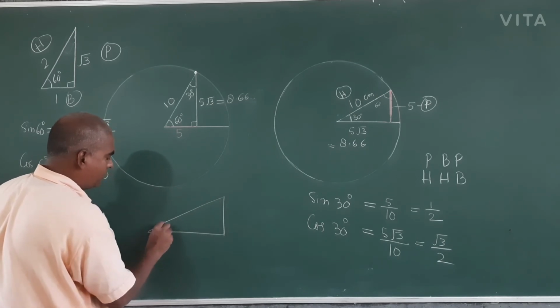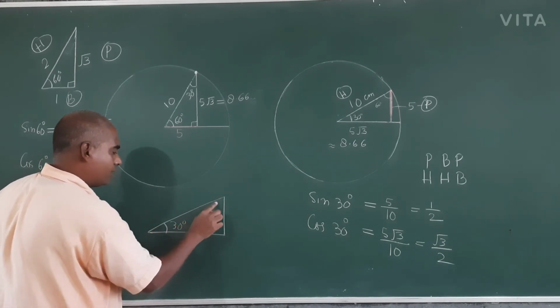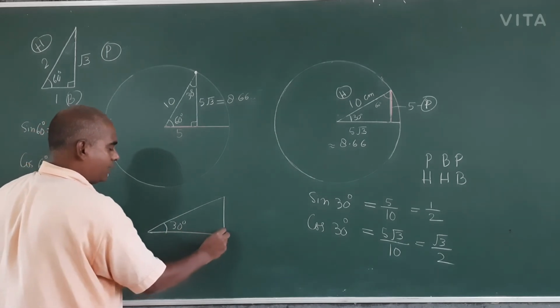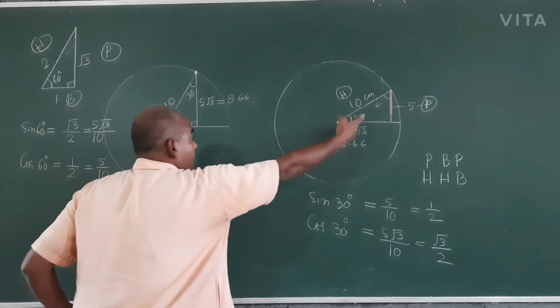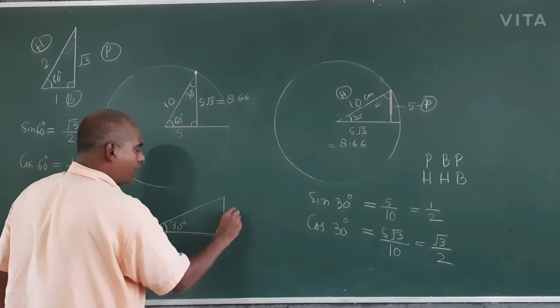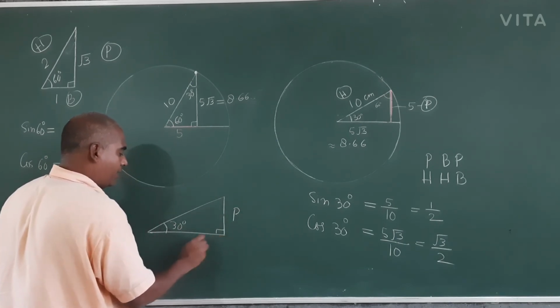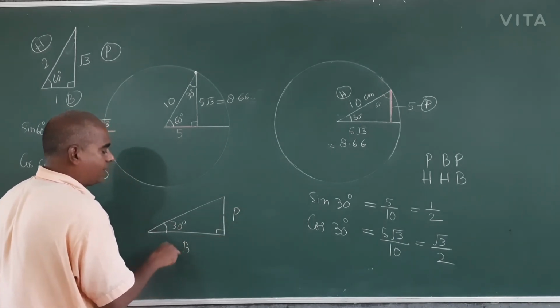Yes, suppose it is 30 degree. So for the 30 degree, this is a right angle triangle. For this 30 degree, this is perpendicular, just opposite to that, 90 degree, and this will be base. Hypotenuse is fixed.